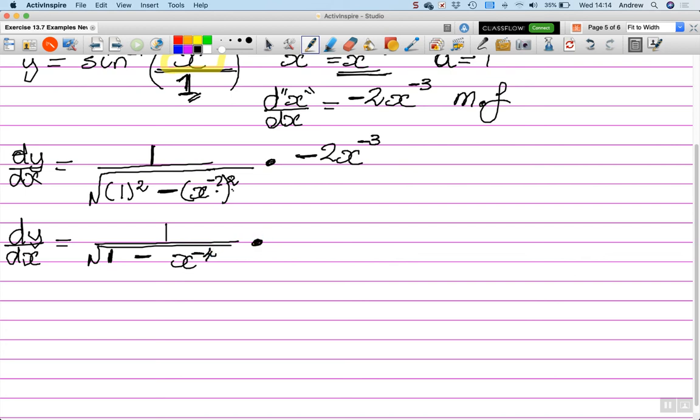Now here we've got a minus 2. So minus 2 is on top. And that says x to the minus 3, which we can bring to the bottom and call it x to the power of plus 3.